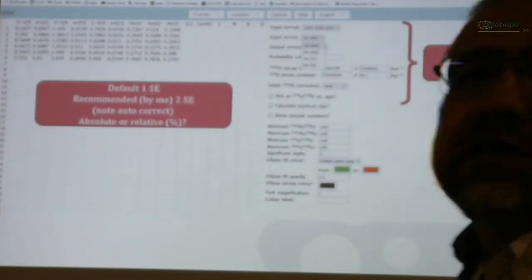So we're going to go through these details. Make sure your data match the input format. This is particularly important, and this also includes the uncertainties. Make sure you correct that. Some labs also report the uncertainties as a percent level.